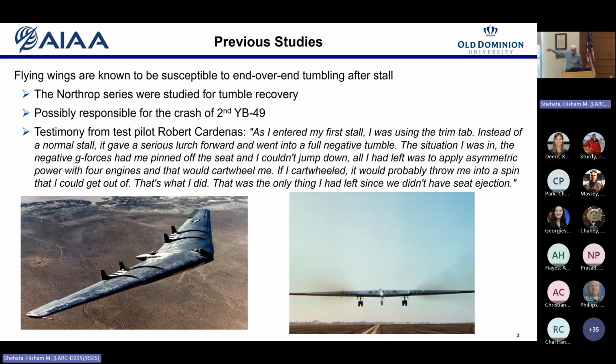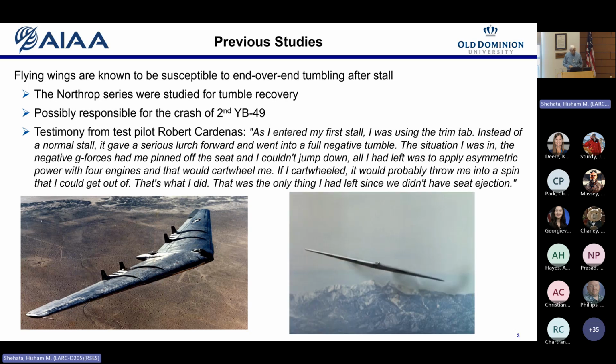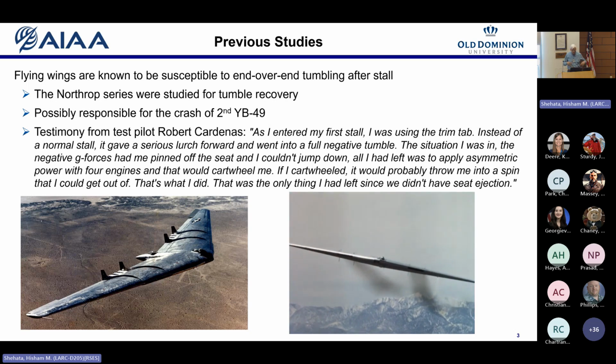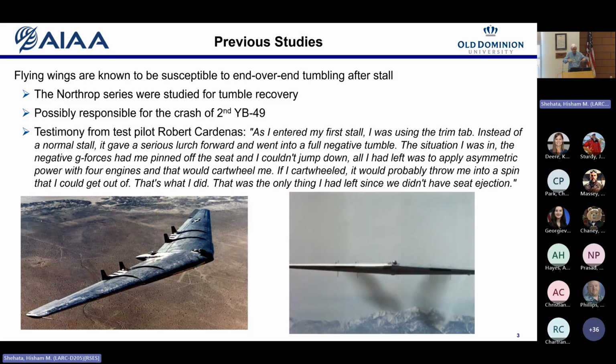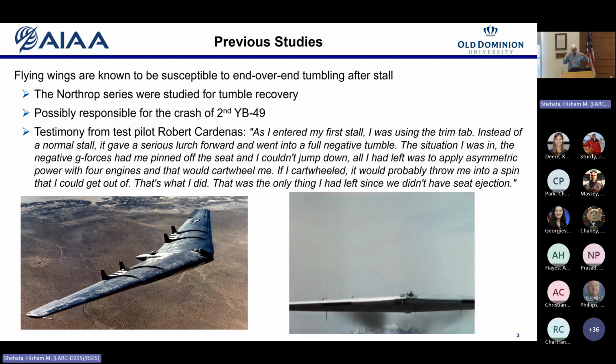There's some testimony there from one of the pilots, and it says, as I entered my first stall, instead of a normal stall, it lurched forward and went into a full negative tumble, which I take to be nose down, kind of tail over nose rotation.